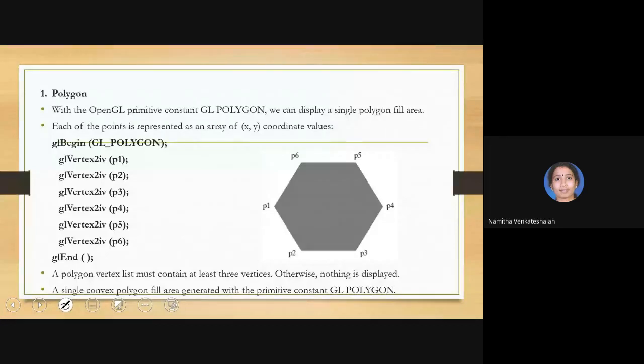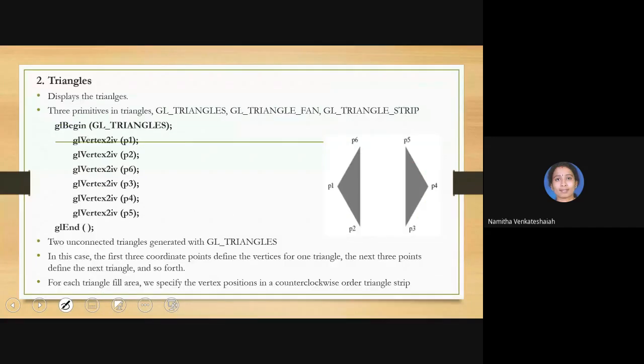And GL polygon: look here, P1 is joined to P2, P2 is joined to P3, P4, P5, P6, and again P1. And what about triangles? If you give triangles, the first 3 vertices will form one triangle, P1, P2, P3, and P4, P5, P6 is another triangle. Here it was not given in continuous order.